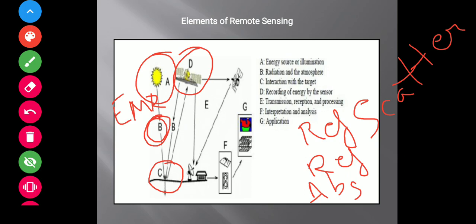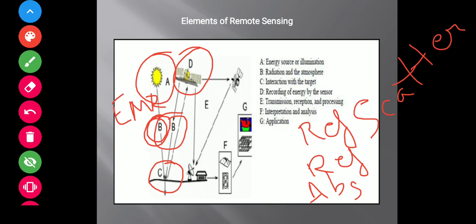Now, when the energy travels from target C to D, it again interacts with the atmosphere. So here we see that EMR or electromagnetic radiation interacts with the atmosphere twice.